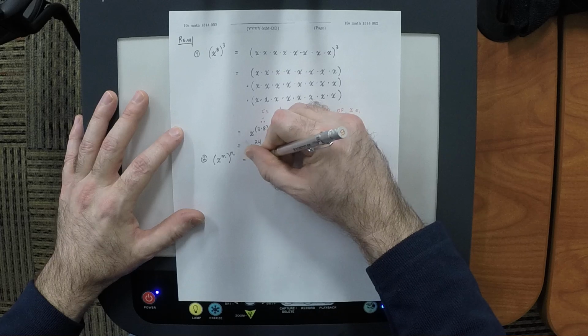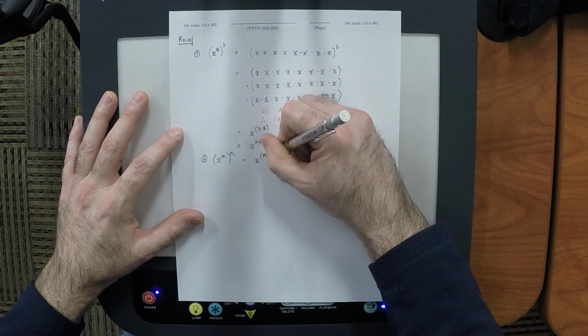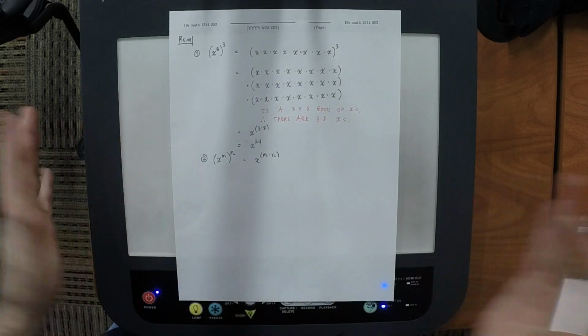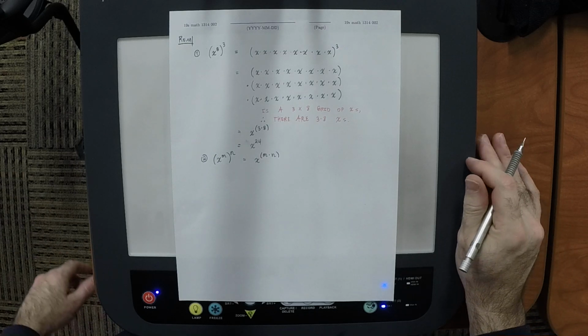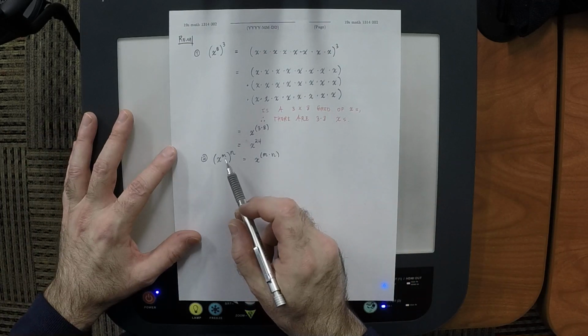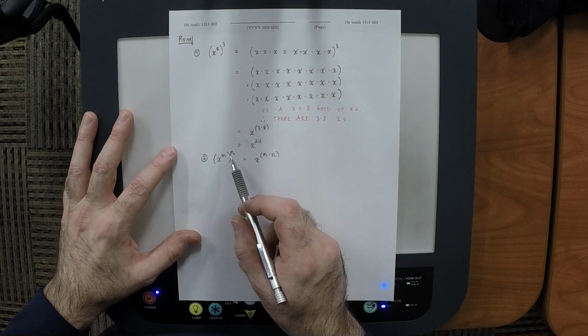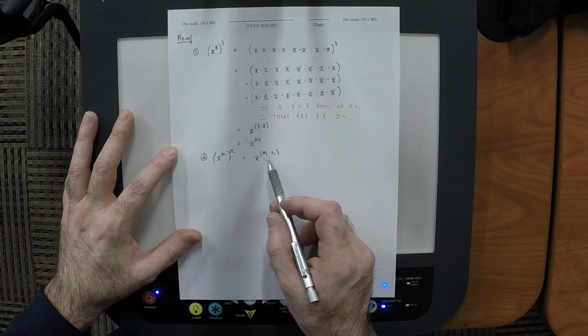So it will be x to m multiplied by n. Because whatever m and n happen to be, we could make a grid of x's with m rows and n columns. Okay, that's how many.